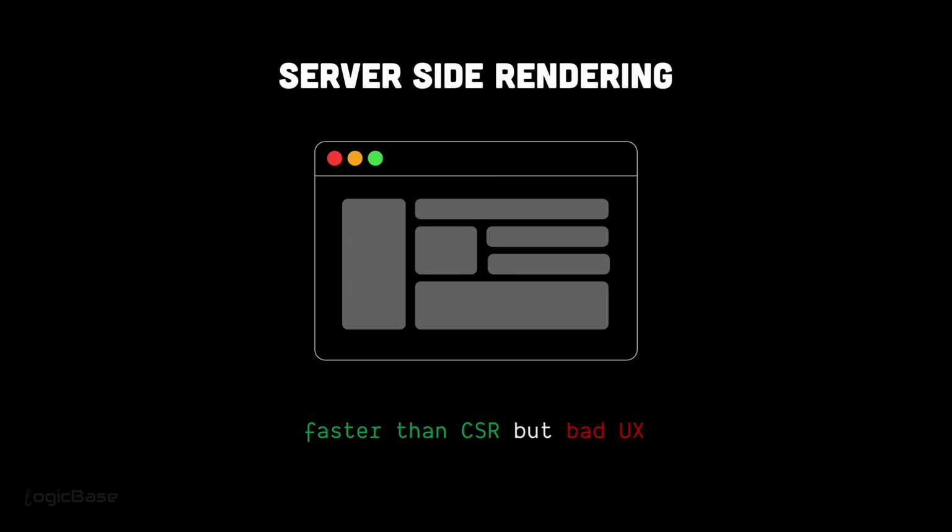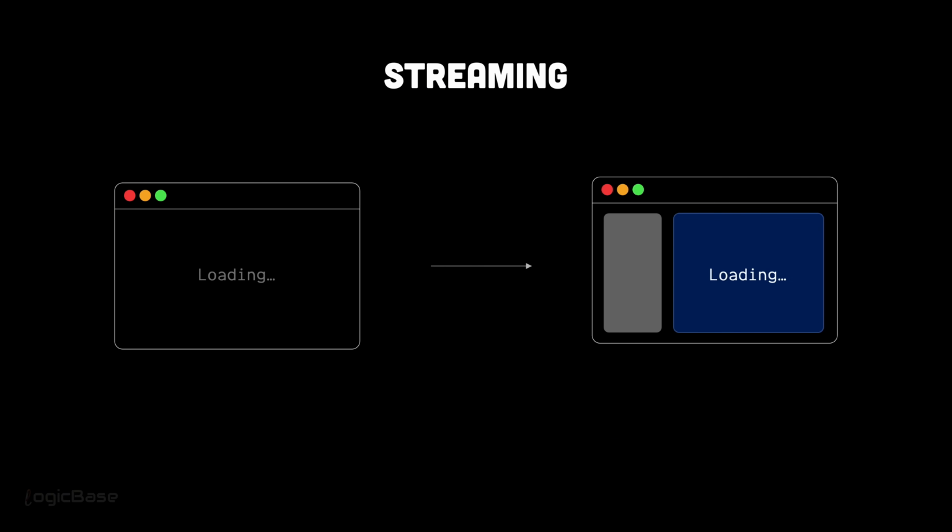As a user, you don't feel any lag. It's a super smooth experience. We want the same experience on our web pages, and that's what streaming is all about. As you can see on the screen now, the sidebar section of the UI is already loaded, but the right side content is still in a loading state. This is exactly the kind of experience we want to build.